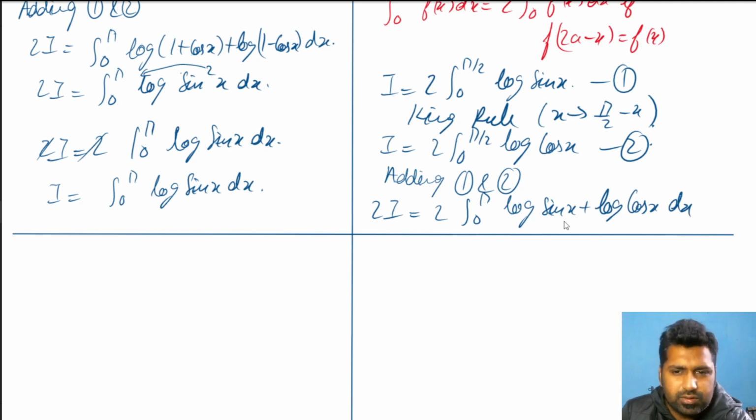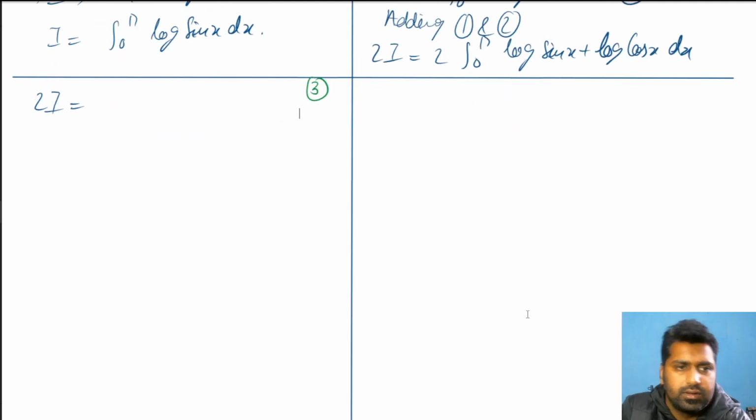Now addition is going on, so log addition is log AB. So 2I is equal to 2 times integration 0 to pi, this becomes log sin x into cos x dx.